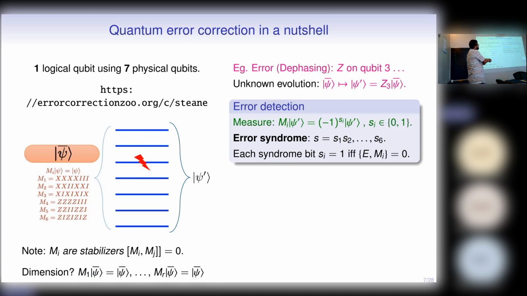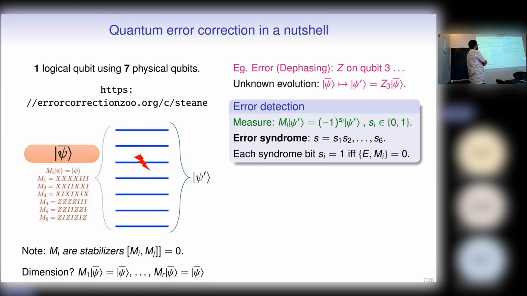So now what happens is that because this is not an encoded state, it's neither 0 nor 1, we will naturally find that for some M1 to M6, the outcome of measuring that operator is -1 instead of +1, which means one of these SIs would have been 1 instead of 0.